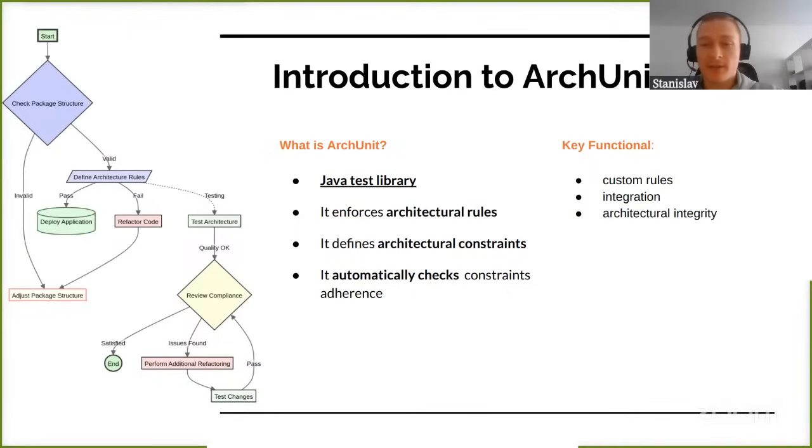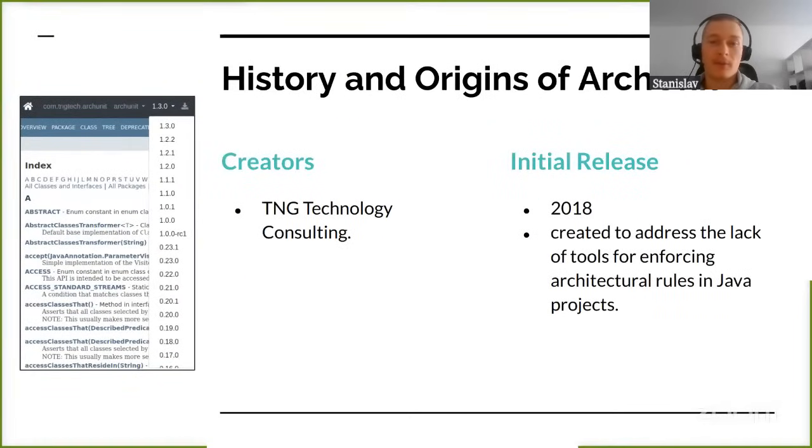With ArchUnit, you can define custom rules. You can easily integrate it with JUnit and other testing frameworks. And of course, the main feature: you will maintain the architectural integrity of your project. ArchUnit was developed to address a gap in architectural quality enforcing, by TNG Technology. It is already 6 years old, and the current version, as you see, is 1.3.